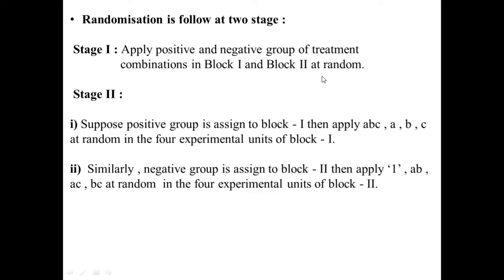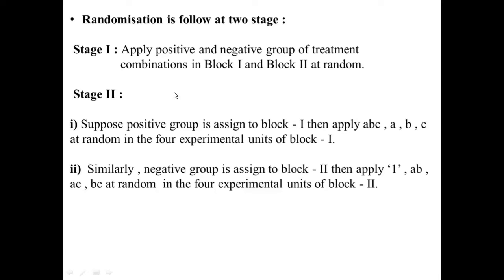It is not necessary that if we assign the positive sign treatment combinations to block 1, then we must apply them to block 1 in replicate 2. So we can randomly assign the positive and negative groups to block 1 or block 2. This is the first stage of randomization.